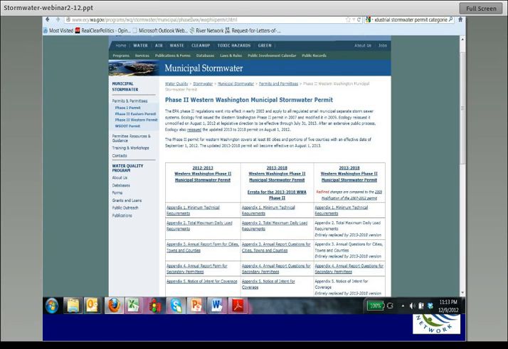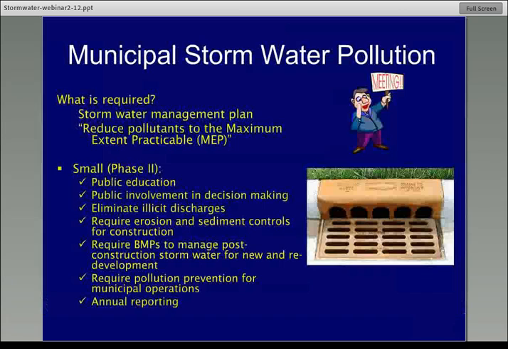So hopefully that is a good distinction between the Phase 1 and Phase 2. The Phase 2 being more regimented. The point I need to emphasize is that Phase 2 is a general permit in almost all cases, as I mentioned earlier.